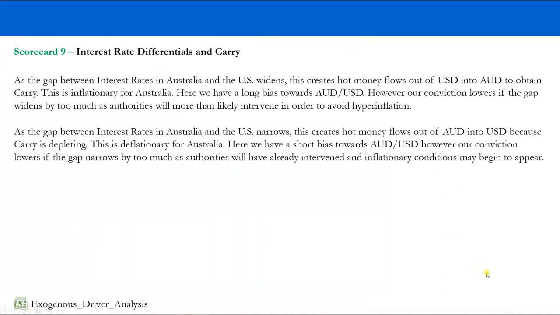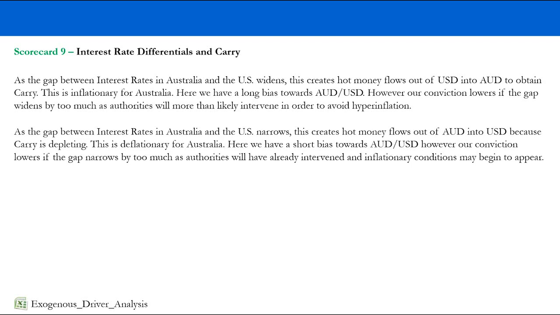And as a reminder, let's just go over what this actually means for us. Well, as the gap between interest rates in Australia and the US widens, this is basically creating hot money flows out of the US dollar into the Aussie dollar to obtain the carry, because the interest rate in the United States is getting lower relative to the interest rate in Australia.